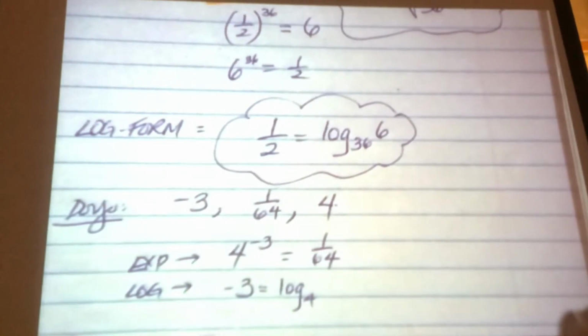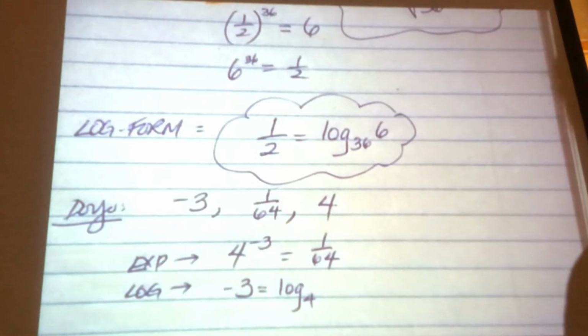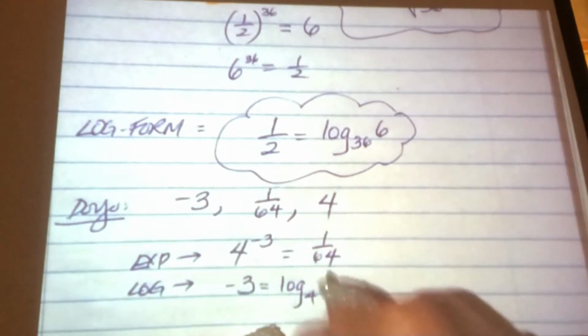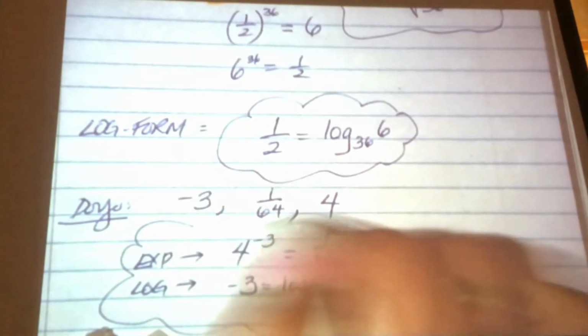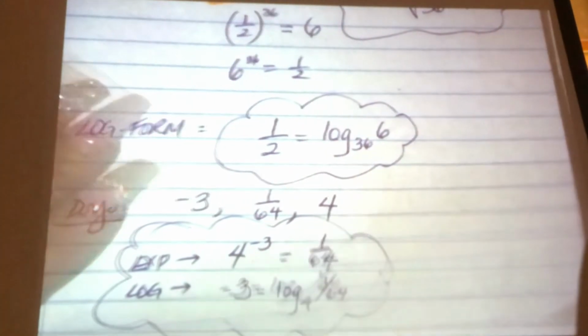Log base 4 of 1/64. Can you say that again, please? Log base 4 of 1/64. Good. So when you go to pre-cal next year, you say it right. Nothing changes if it's a 3, and then you guys can start tonight's homework.